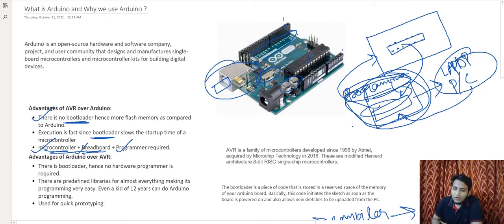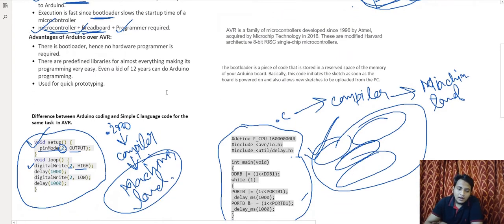So what I am going to do is put high voltage on pin number 2, and then wait for 1000 milliseconds, it means 1 second, and then again digitalWrite 2 with a low voltage, or you can say 0 or 1, okay. And again wait for 1 second. So it will blink with a delay of 1 second, okay.